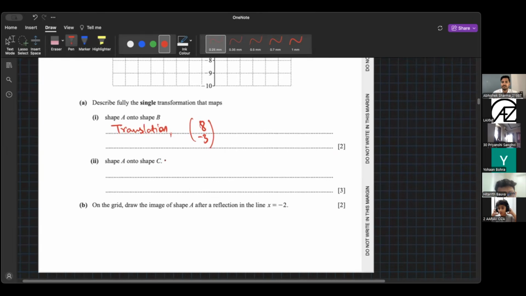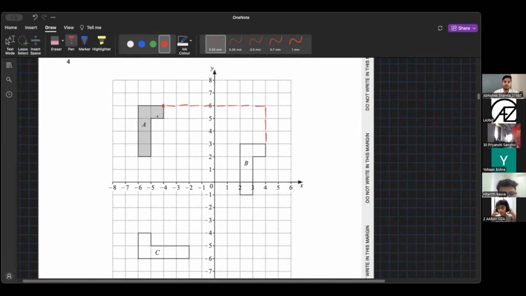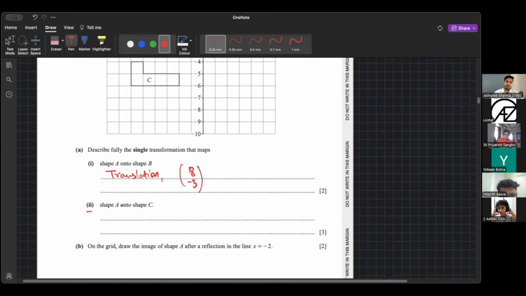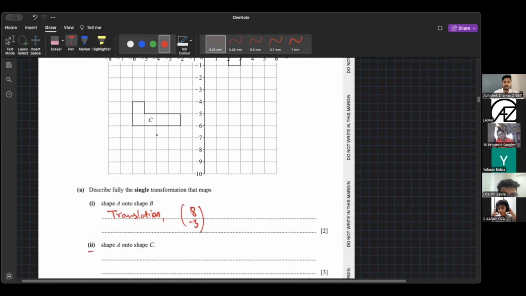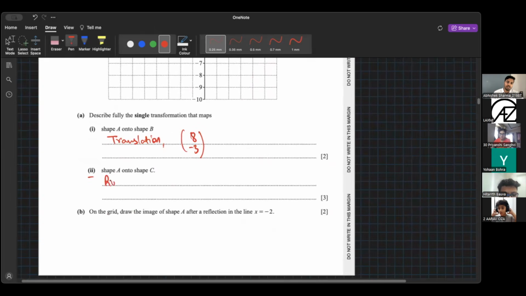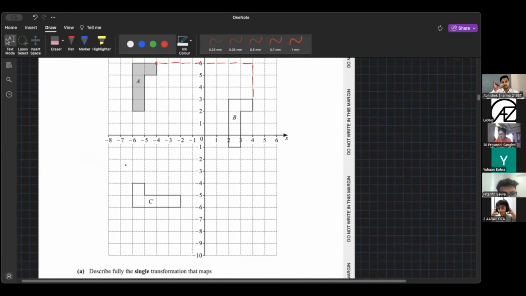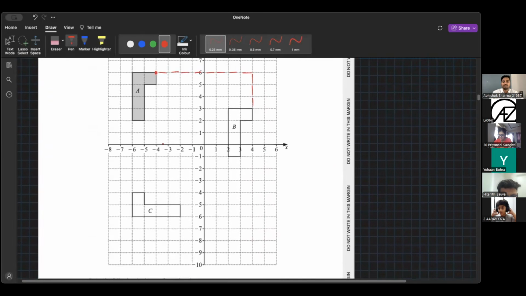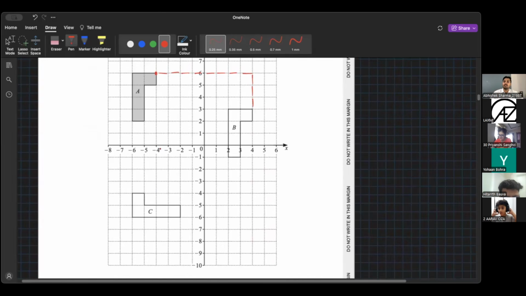Clear? Next part, it says shape A onto shape C. So this is clearly the case of rotation. Visibly it is anti-clockwise, and we have to define the direction and the angle.